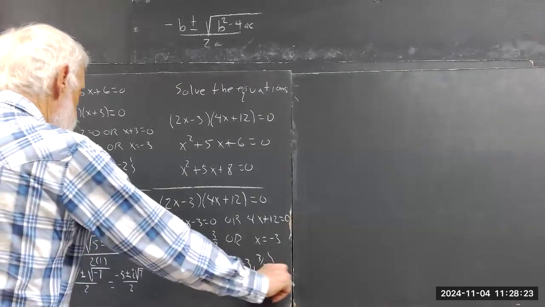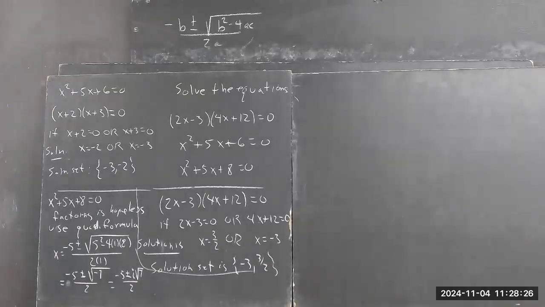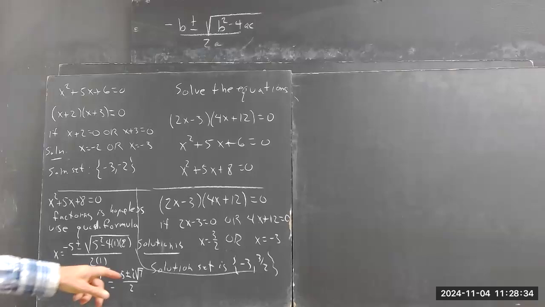Okay, so you're gonna get i times the square root of 7, because the square root of -7 is the square root of -1 times the square root of 7, and i is the square root of -1.